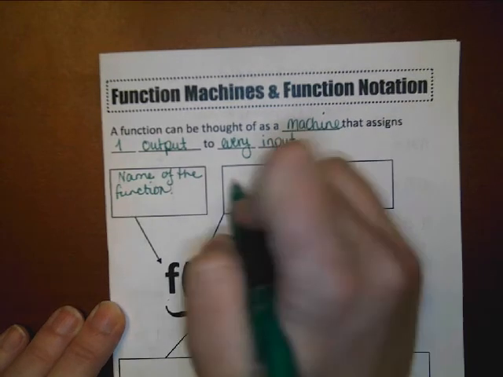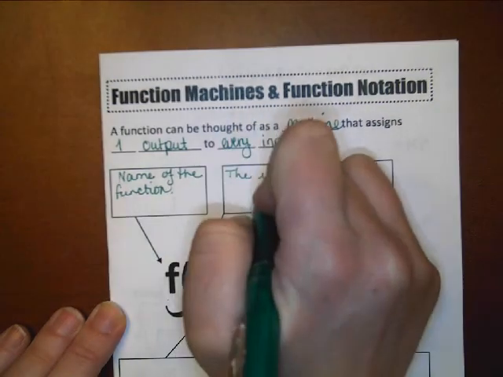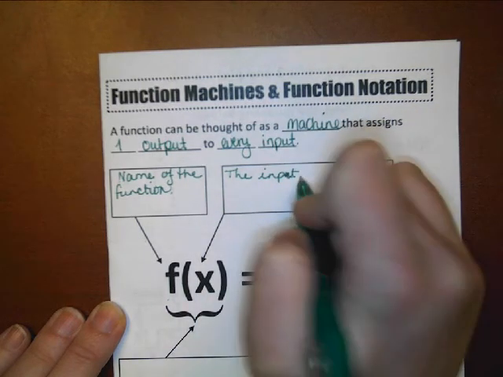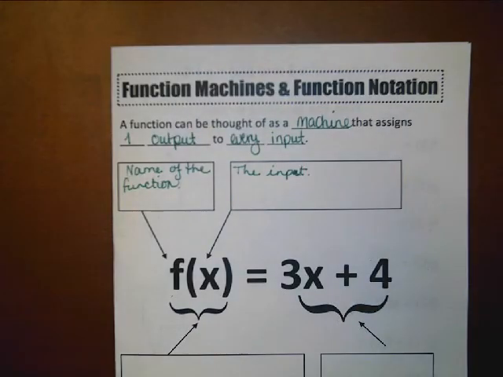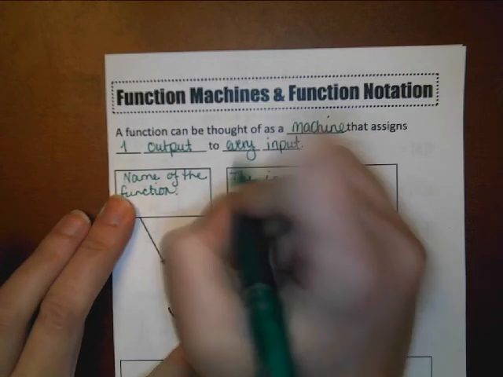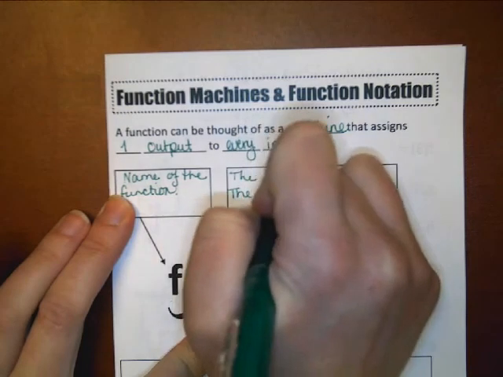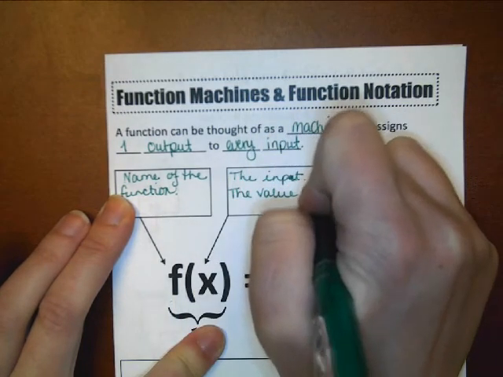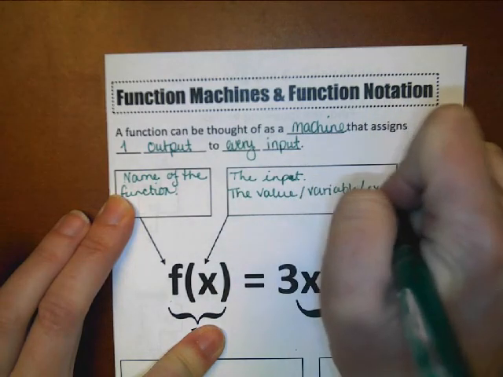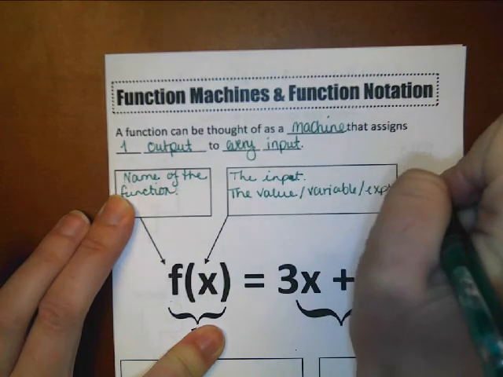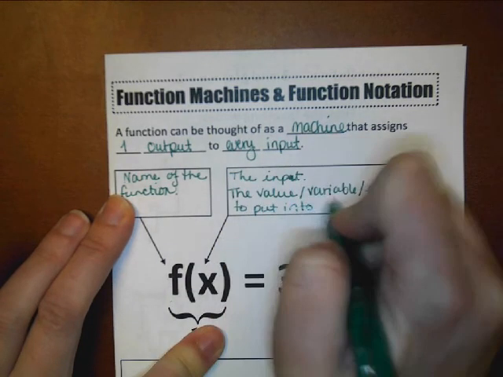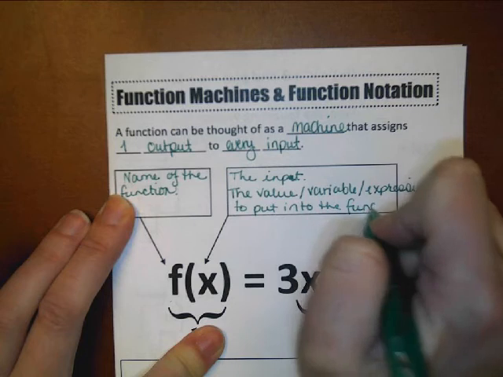And the X represents the input. So it's sort of like the blank for the fill in the blank problem. It tells us what goes into the function. The value, variable, or expression to put into the function.